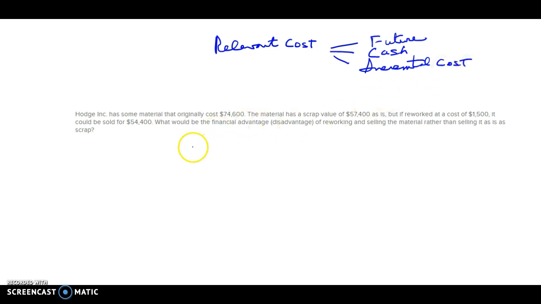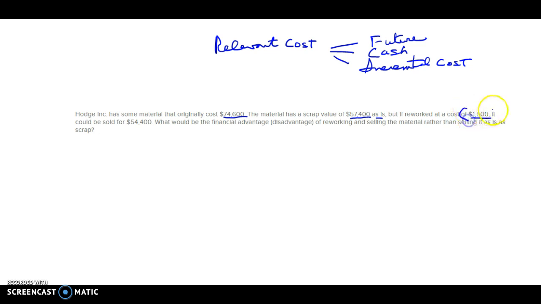So let's look at this question here. This first case is we have some material that originally cost $74,600, scrap value of $57,400 as is. But if it's reworked, it would cost us $1,500.